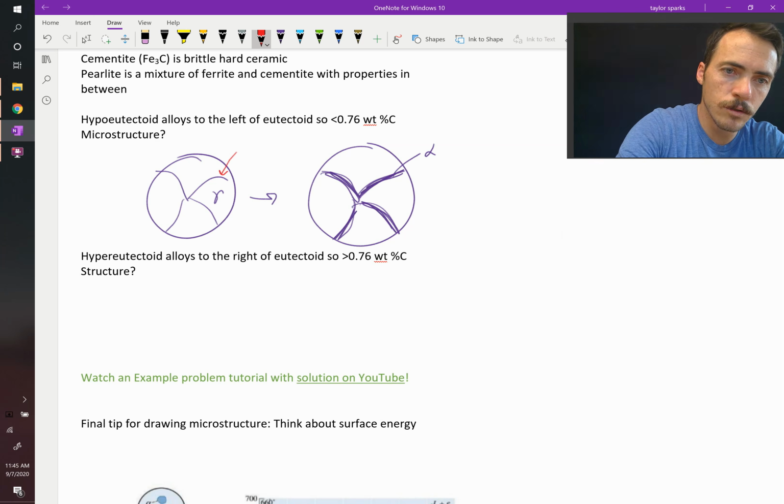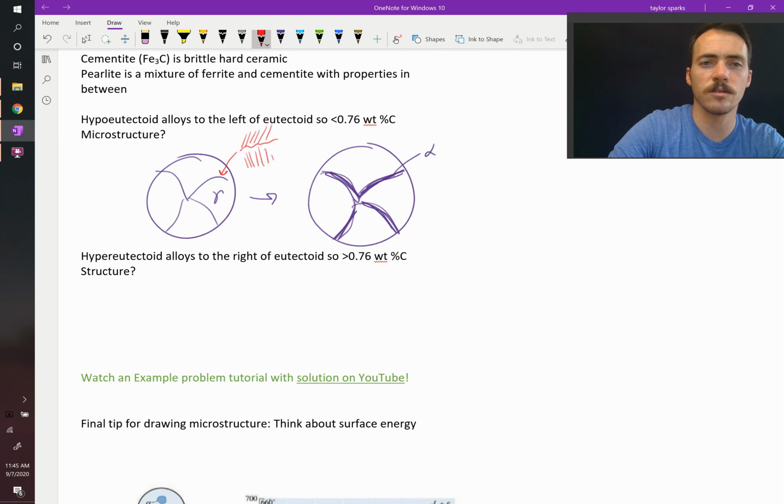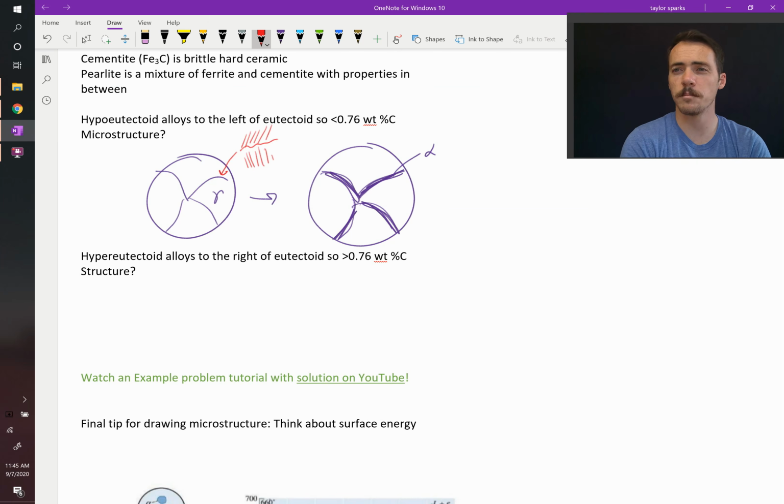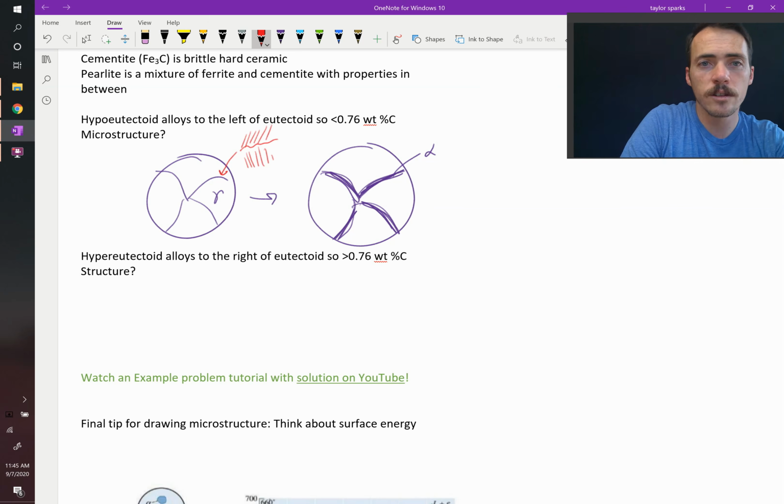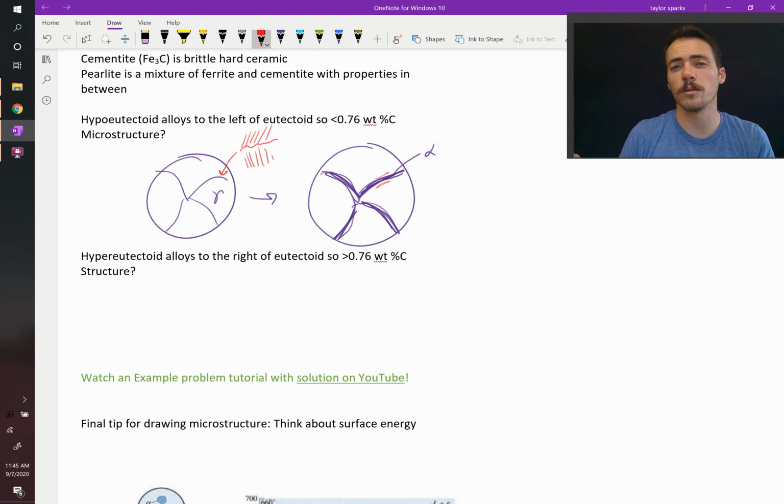If you zoomed in on this, you had atoms arranged in one way, atoms arranged in another, and then you had this nasty sort of interface where they couldn't form nice bonds. So that surface was already costing energy. And so if you're going to form a new surface, you might as well get rid of an old surface, right? So now you've got a surface on this side and on this side, but you've got rid of the old one. Anyways, new phases like to form along grain boundaries if possible.